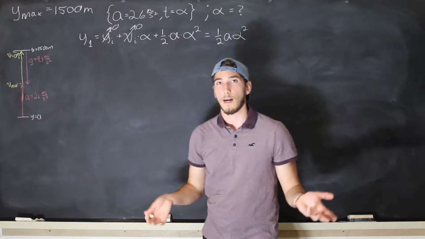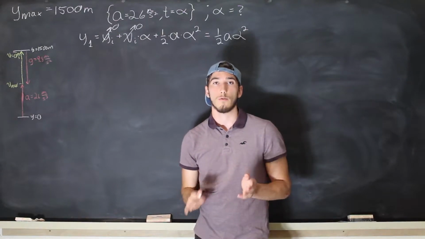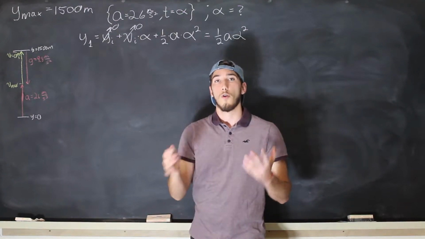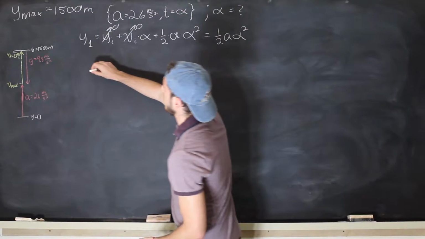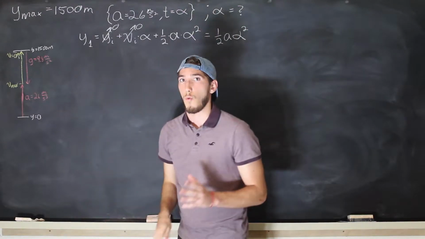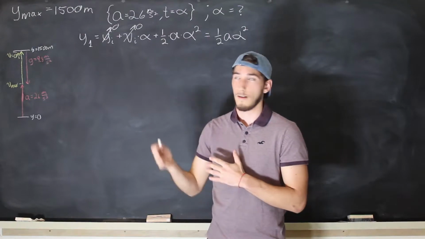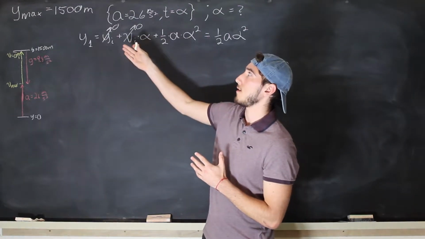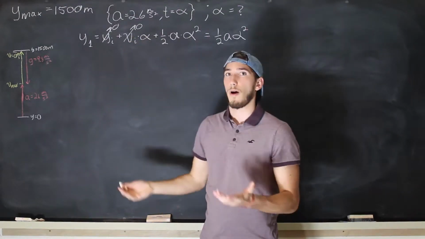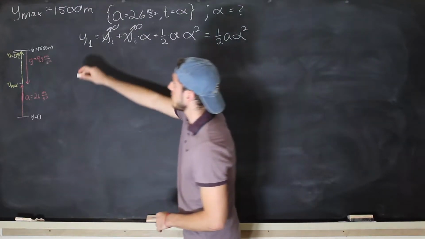But we don't have a time for that, right? But we have a formula where we can calculate distance traveled without time. And that's going to be, in this case, our y final is going to be our y max, right? Because there's only 2 phases, and if we can only go to 1,500 meters, then our y final has to be 1,500 meters.